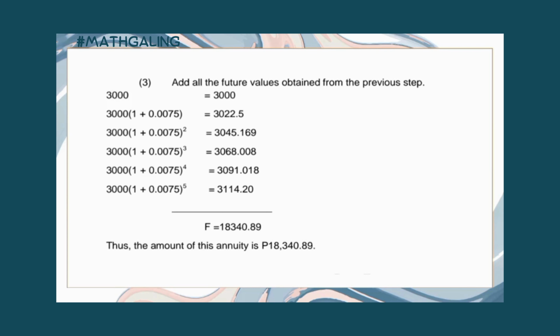So for the first month, 3,000 times (1 plus 0.0075) raised to 5, that is equal to 3,114.20.